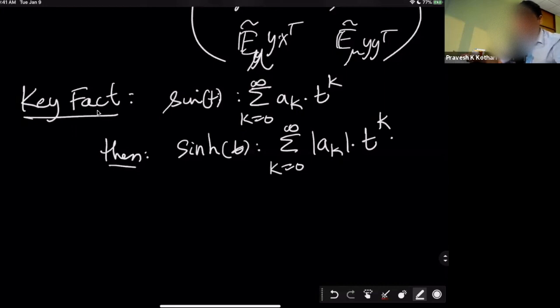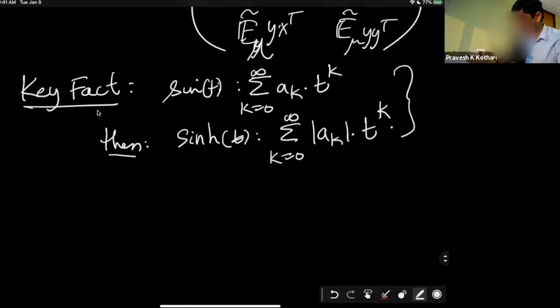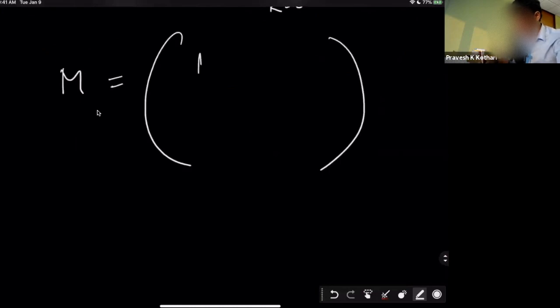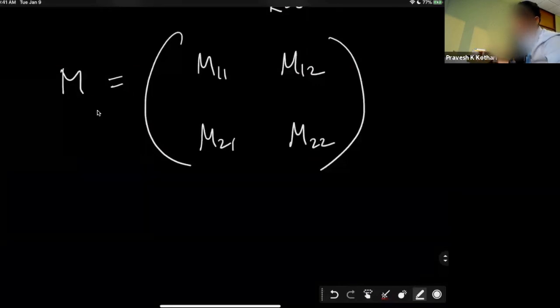Now let's demystify why this actually works, and why this connection between the Taylor series coefficients of the sine function and the hyperbolic sine function is useful. Instead of writing all those things again, let me just call them M11, M12, M21, M22. That's how our matrix looks. Now we want to rely on the lemma we proved earlier using the Schur product theorem, that certain functions applied entry-wise to the entries of a PSD matrix preserve PSD-ness, right?